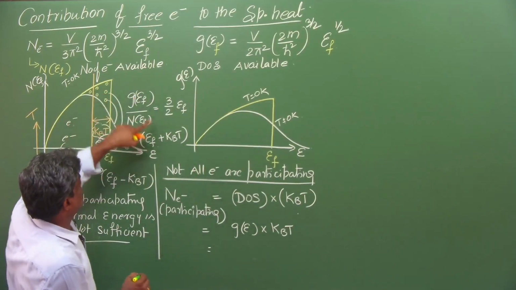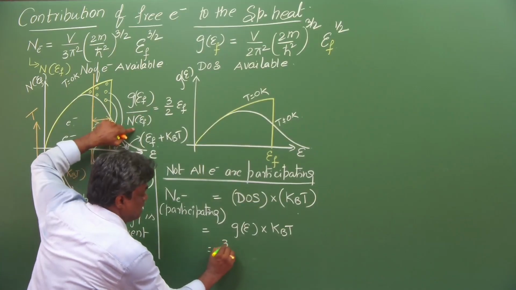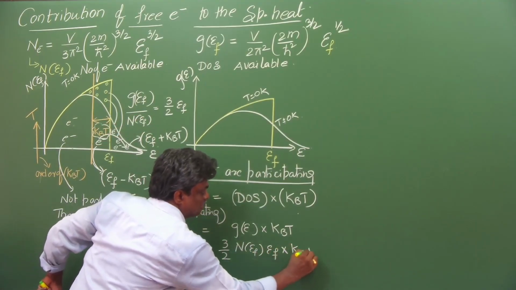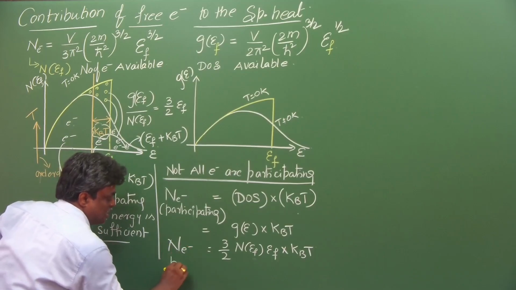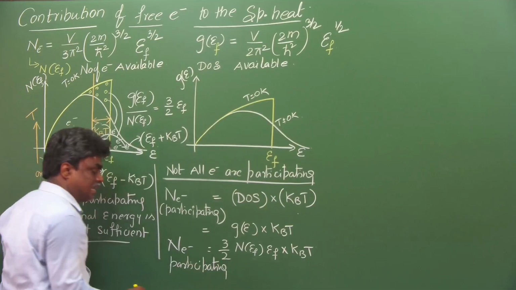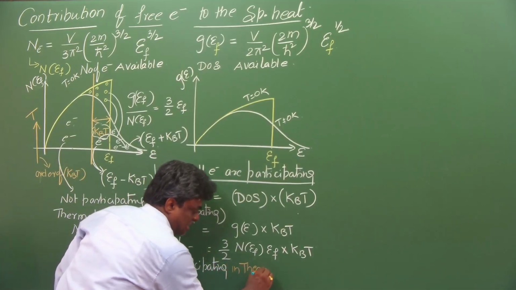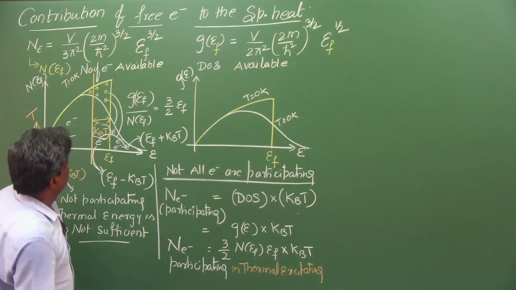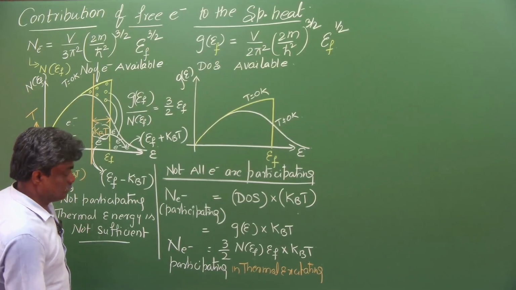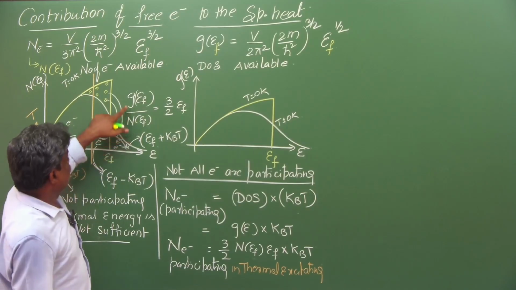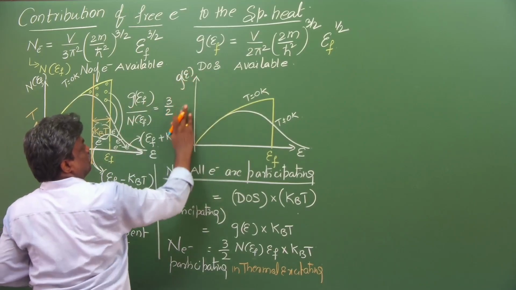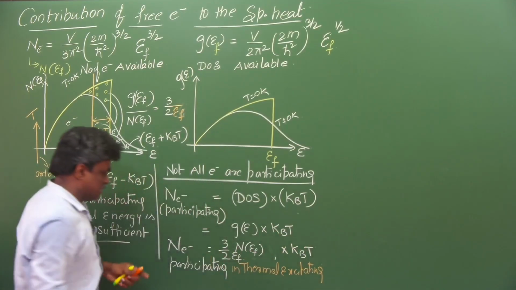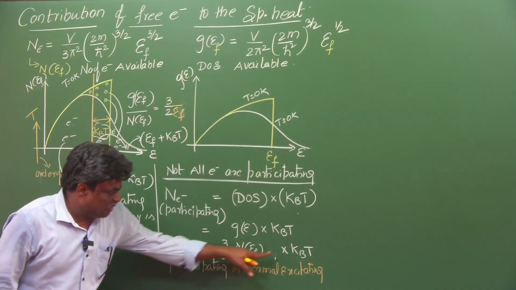Now could you tell me from this expression what your G of E is? G of E equal to 3 by 2 N of EF by EF. This is the number of electrons which are participating in thermal excitation.